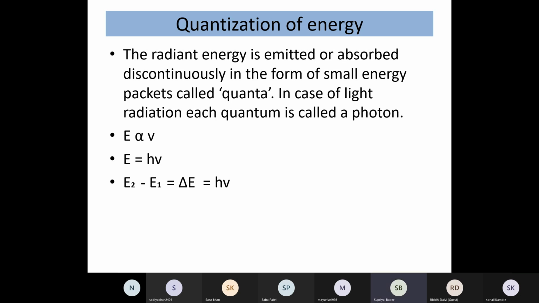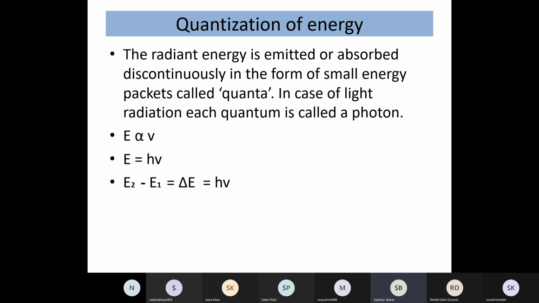So in that, when the transition takes place between these energy states, when the appropriate energy is either absorbed or emitted, then according to the Planck theory, this energy is also quantized. Means what?